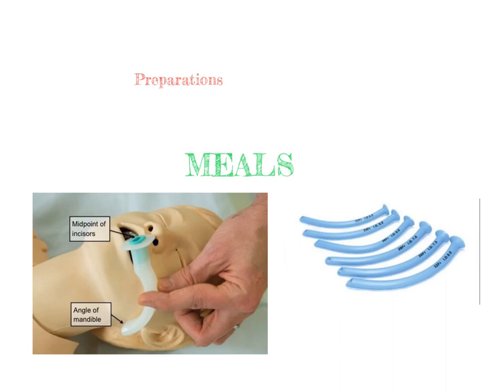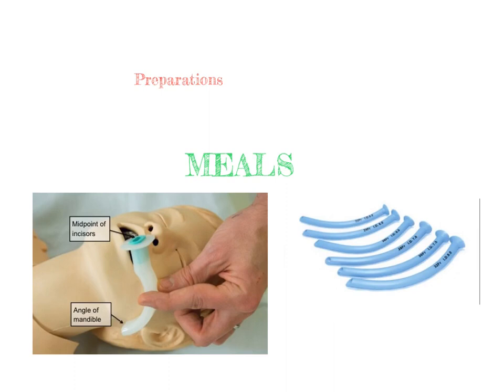Use your OPA and NPA if you think the airway is compromised: if there is abnormal breathing, stridor or gurgling sound, or loads of secretion. Remember, don't use oropharyngeal airway if there is gag reflex, otherwise the patient will vomit and there's risk of aspiration. For nasopharyngeal airway, be careful if you think there is base of skull fracture.